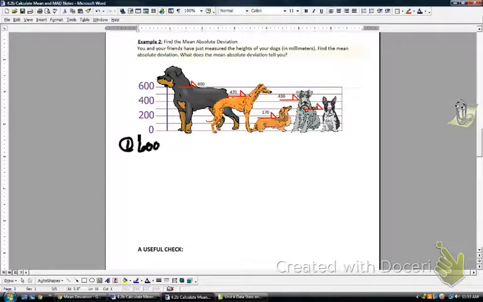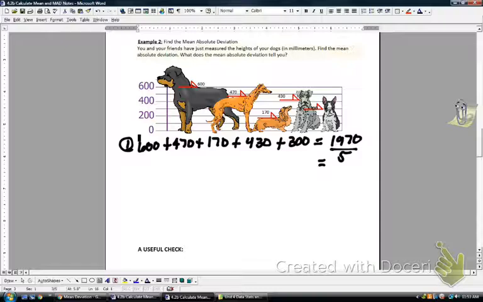So we have 600 plus 470 plus 170 plus 430 plus 300. Add those up on your calculator. You should get 1970 divided by 5, and that equals 394. So the average height of the dogs is 394 millimeters.